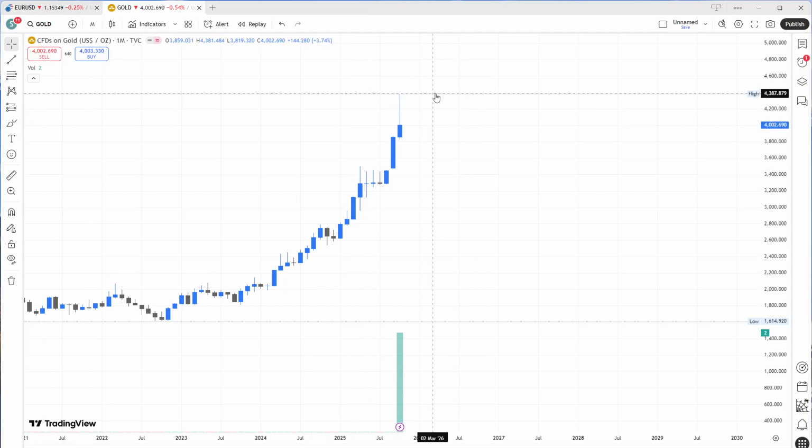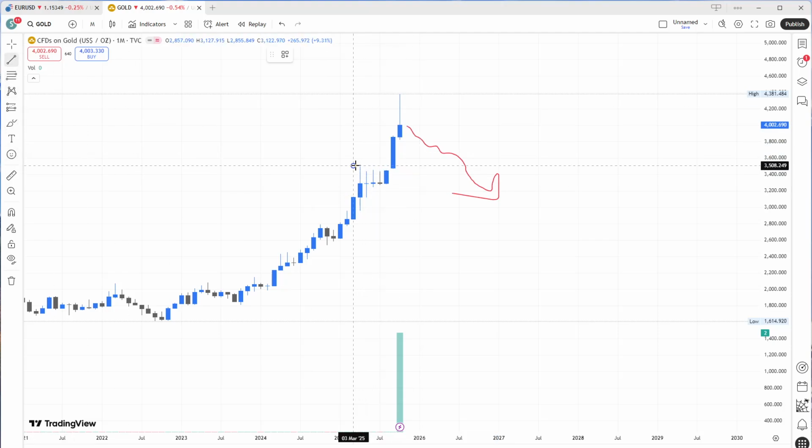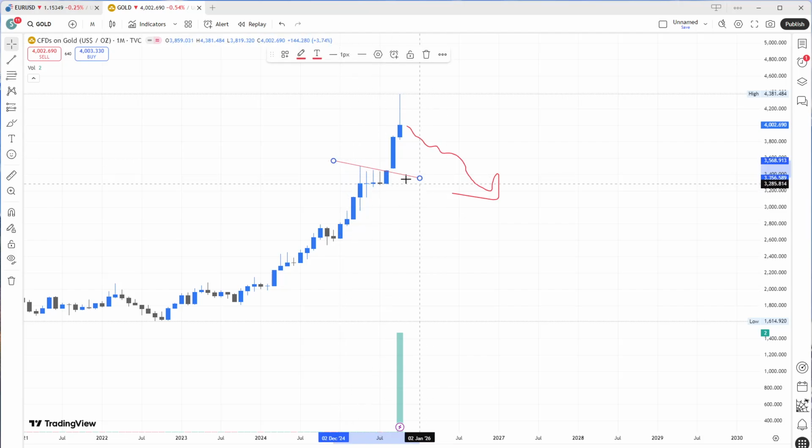So high wick, small body, right? So we're anticipating for price to go down. And we did notice that there was this area before the breakout, right?